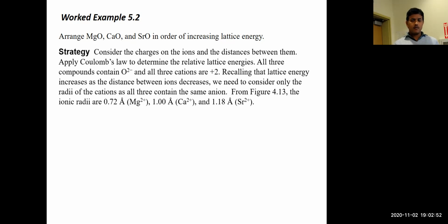Look in the periodic table, find where they are present, and see if you can find any trend. If you look in the periodic table, you can find all three of them in group 2. They all belong to group 2, and they are one after another. Magnesium is smaller than calcium, and calcium is smaller than strontium.